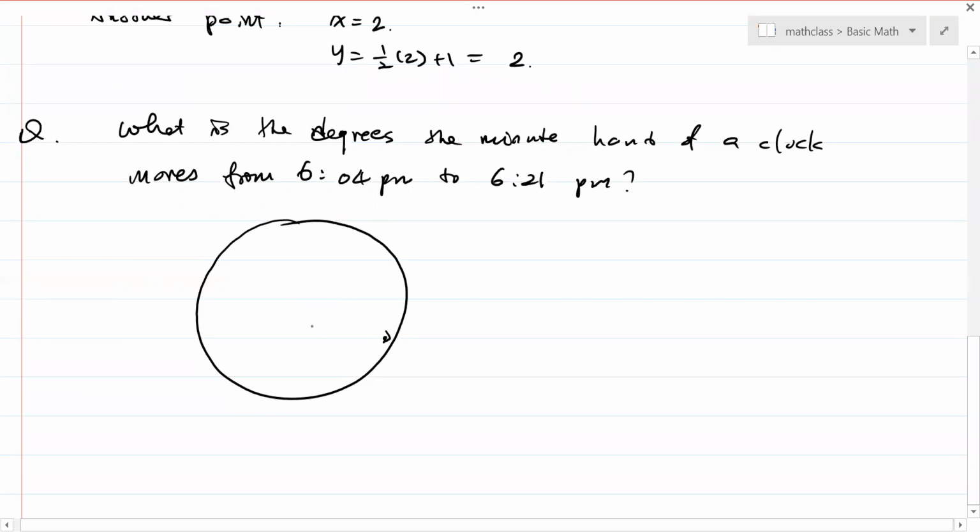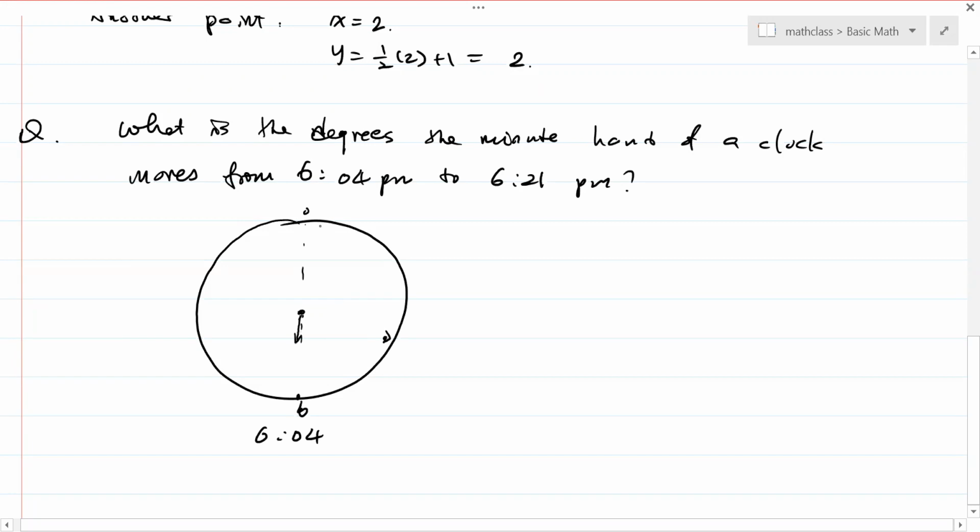So at 6:04, this is the line from top to the bottom. 6, that's a 0. And then you have to increase. This is our hand, right? A little bit.